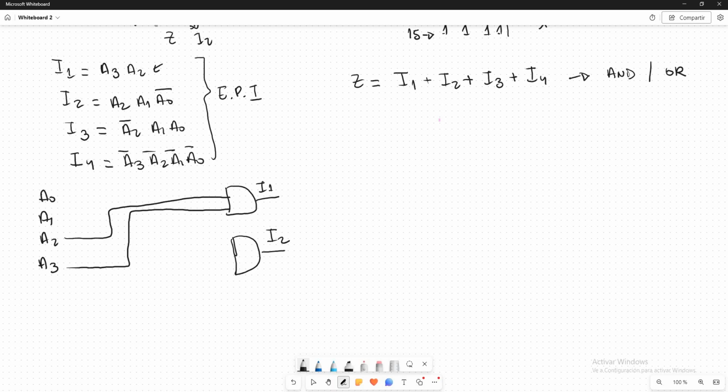One input is A2, the other is A1. Sorry, because of the behavior of the tablet. And the other is A0 negated.